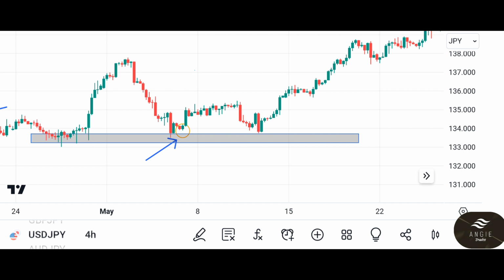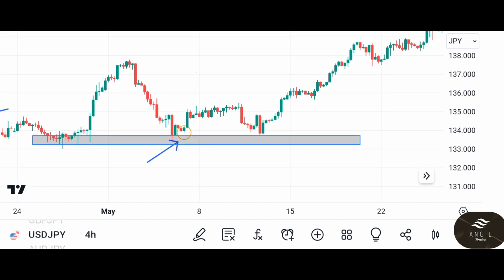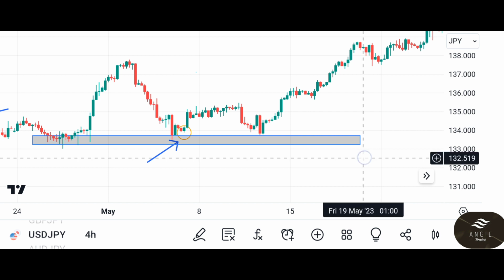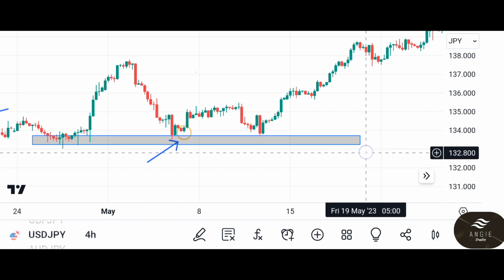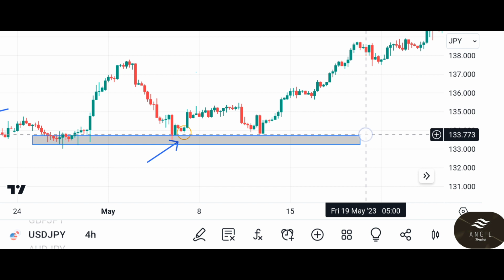After that there is a bullish candlestick closing that retracement where I've circled. Then you can see that big candlestick pushing up. After seeing a bullish candlestick close at that level, you can take your trade.